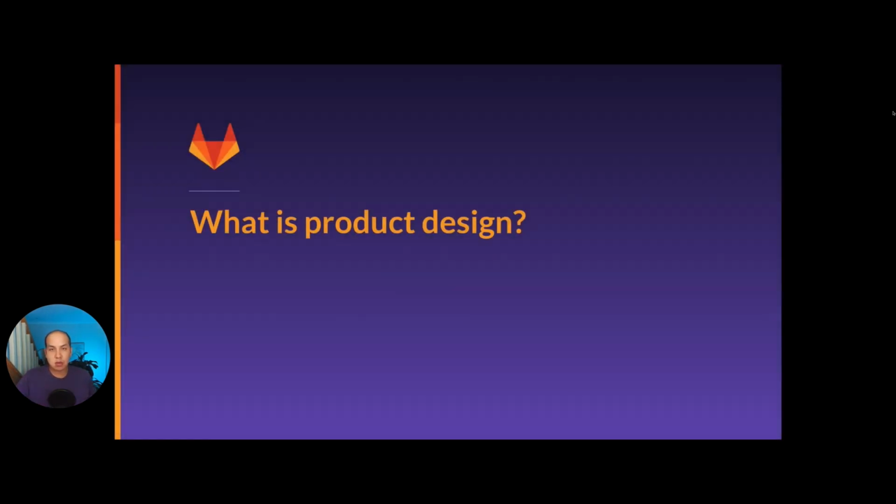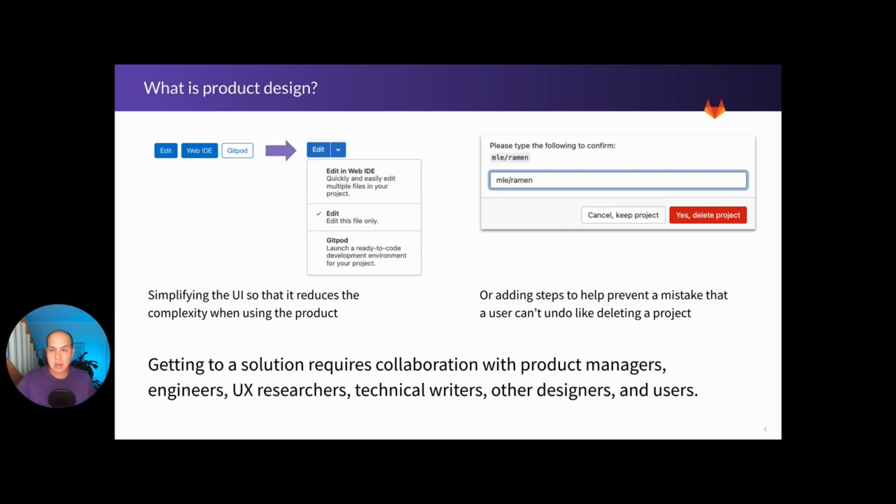So first of all, what is product design? Product design is working within the UI. So that could be looking at simplifying the UI so that it reduces the complexity when users are using the product, or it could be adding steps to help users prevent making mistakes, for example, deleting a project.